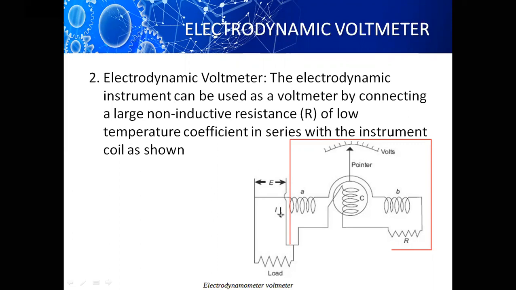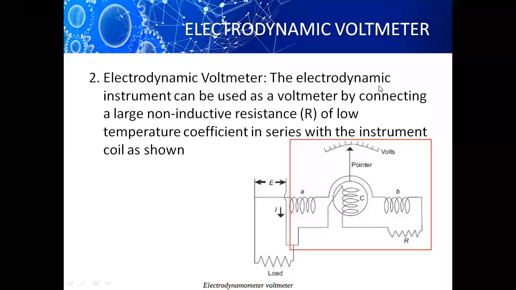Now I want to measure the load voltage, so I will connect the meter between these two lines, across these two points. From the junction we give one terminal of the meter, and the other terminal of the meter goes to the other terminal of the load. So we can clearly say that the meter is connected in parallel to the load.